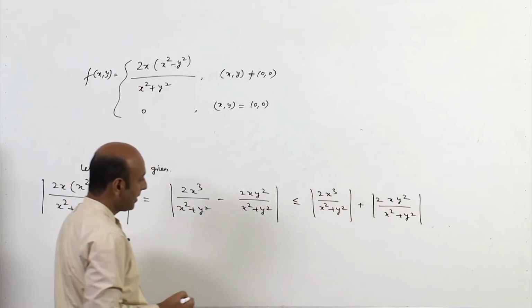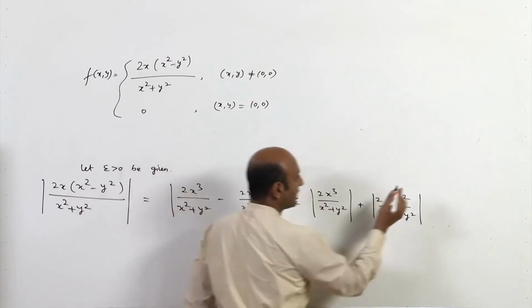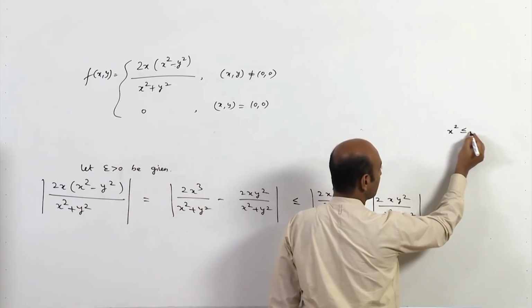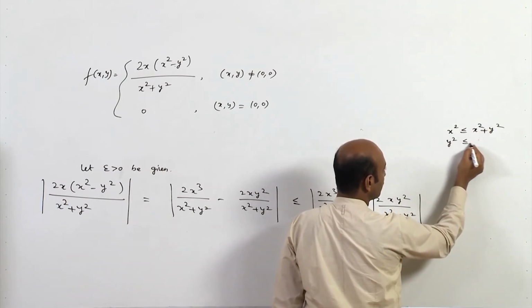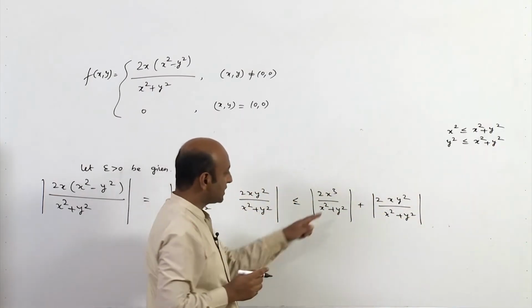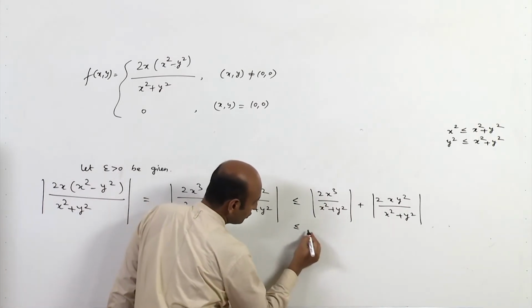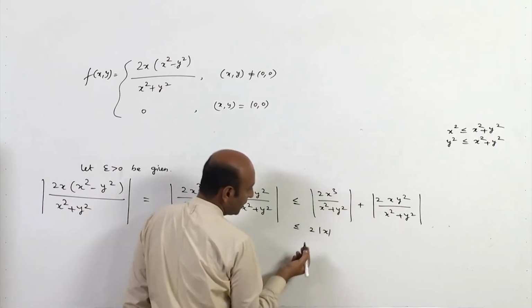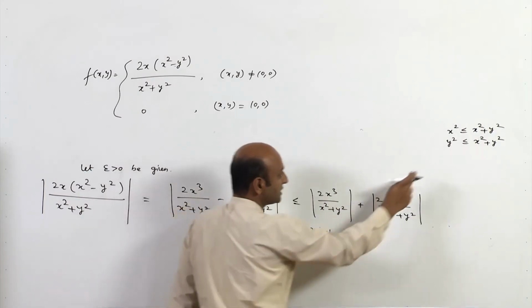Okay. Now, this is x into x square, and x square is always less than or equal to x square plus y square. Similarly, y square is also less than or equal to x square plus y square. So we can say that x square upon x square plus y square is less than or equal to 1. So it is less than or equal to 2 into mod x, because it is x into x square, and x square upon x square plus y square is less than or equal to 1.